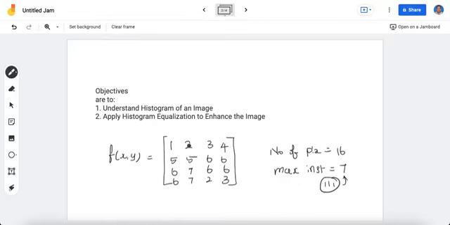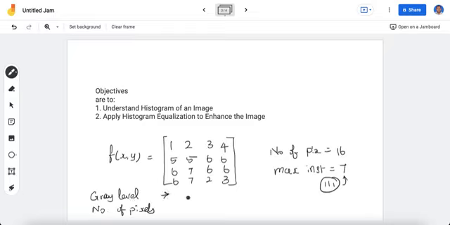Now I make my pixel distribution as a small table: the gray level, and the number of pixels with respect to that particular gray level.